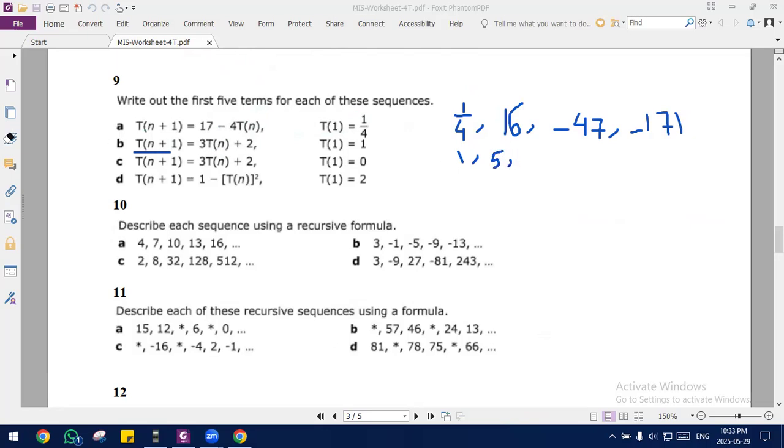Now instead of Tn, I'll put 5. 5 times 3, 15, plus 2, 17. Then next, 17 times 3, 51, plus 2, 53. Then next, 53 times 3, 159, plus 2, 161. These are the 5 terms.